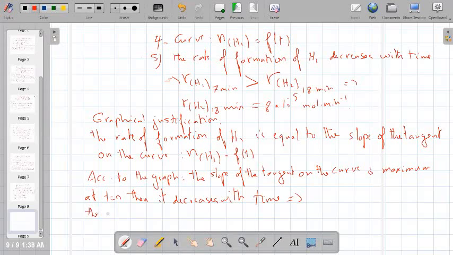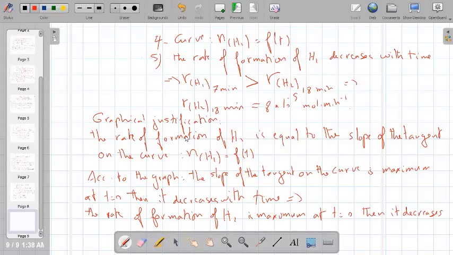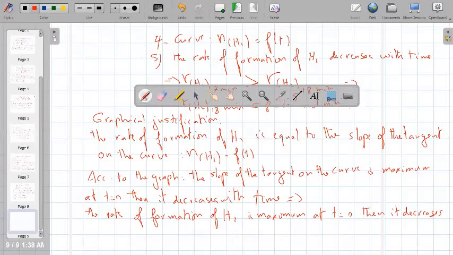The rate of formation of H2 is maximum at t equals 0, then it decreases with time.